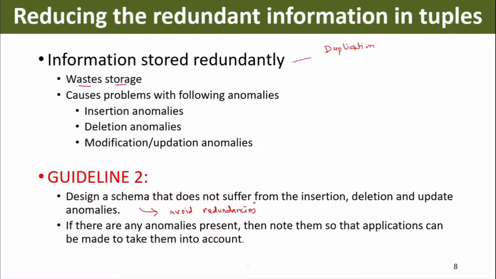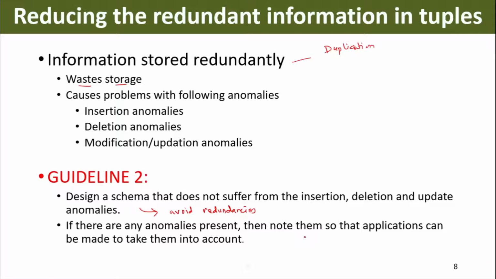Right? So, if there are any anomalies present, then we should note these anomalies so that applications can be made to take care of these anomalies. What does this mean? Say for example, sometimes it may happen that even though we try to avoid the redundancies, sometimes it becomes necessary to have some little redundancy in our database.